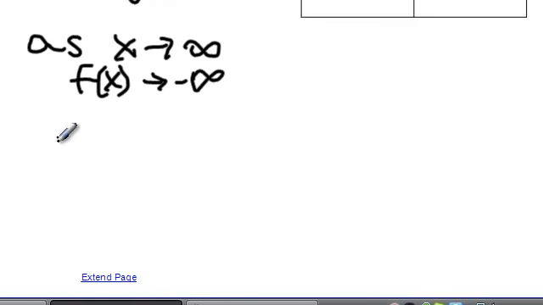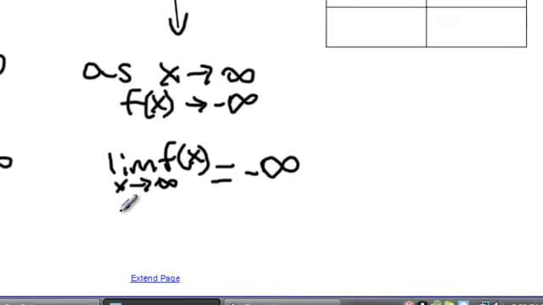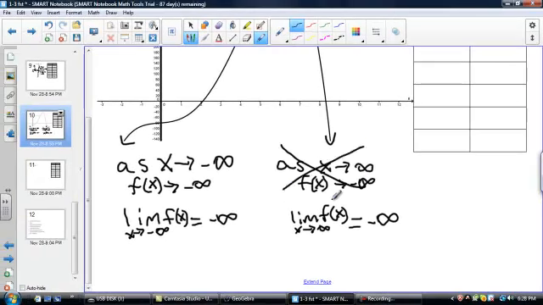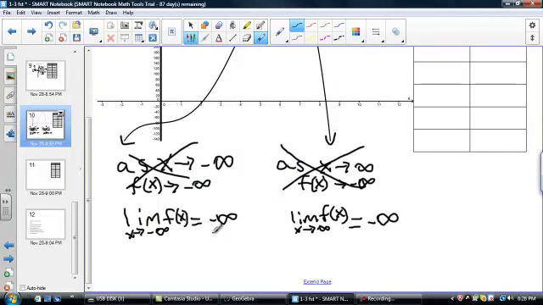And the other one, the limit of this function as x goes toward positive infinity equals negative infinity. This is now how you're going to start writing your end behaviors. This is the baby way. We don't write in babies anymore. We're in FST, we're in grown-up math, and this is how we're going to start writing it.